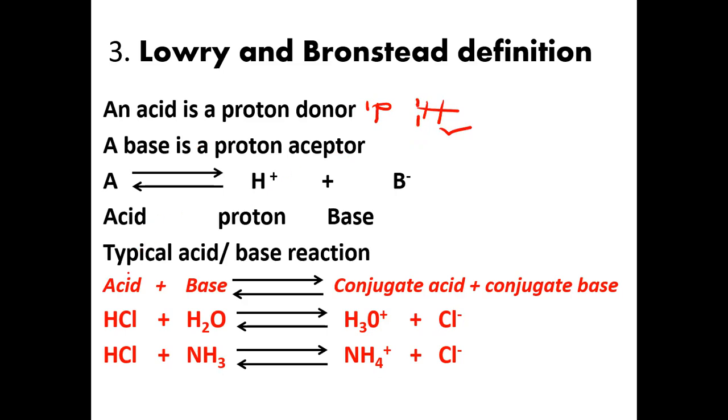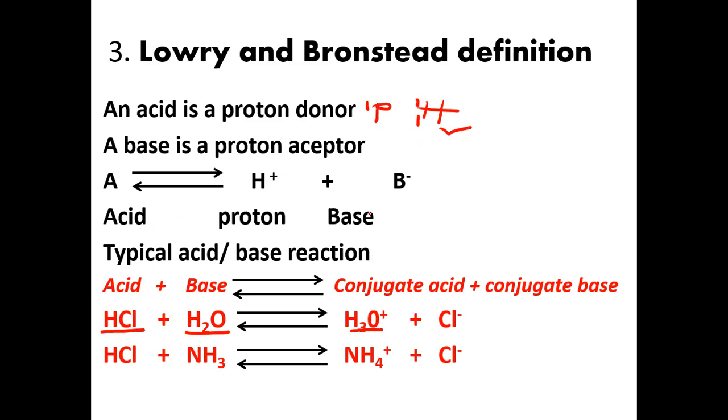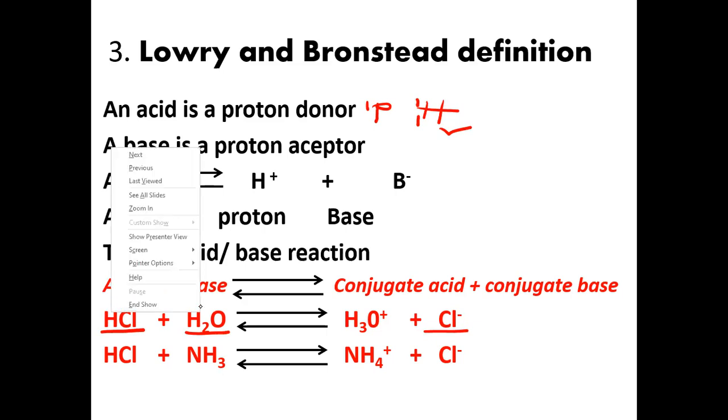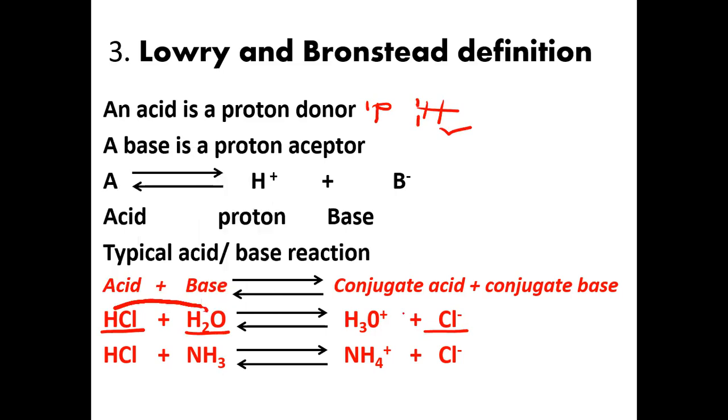So let's take a look at an example here. We have HCl and then water. In this case, let's see which one is going to be our acid and the base. Let's look at the products from here. We have the hydronium ion here, and we have the Cl-. We can see that this HCl was able to give this hydrogen to the water to give us the hydronium ion there.